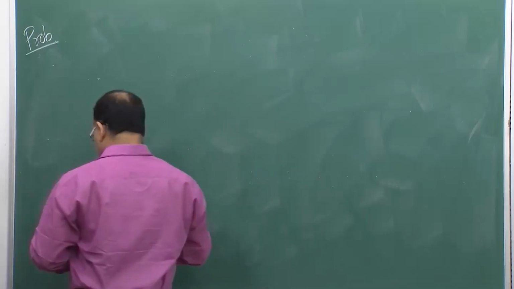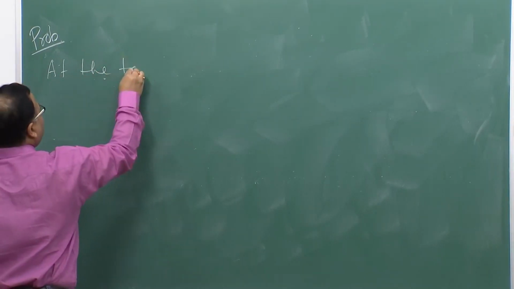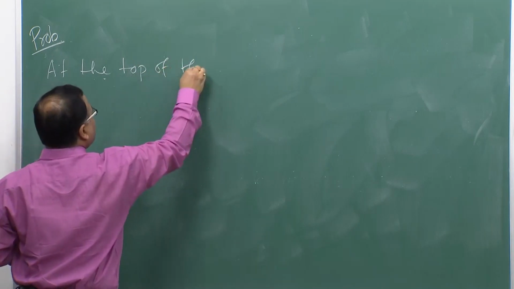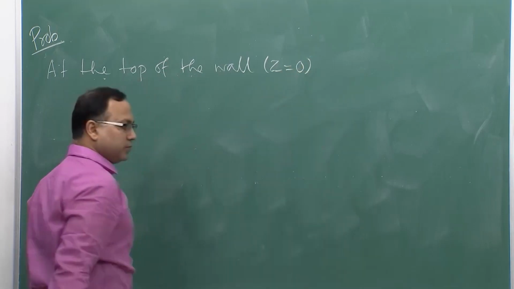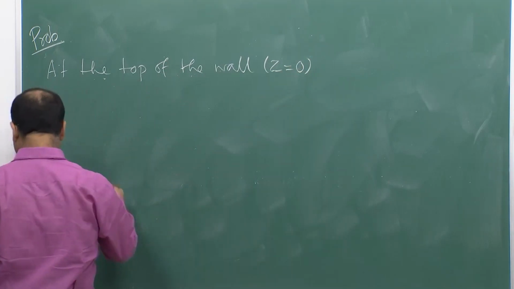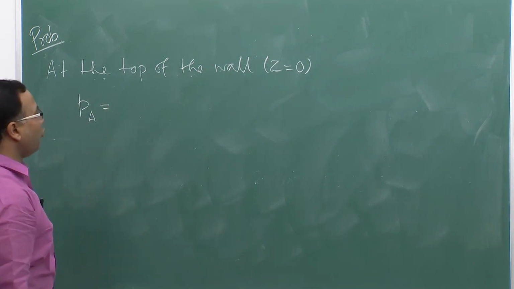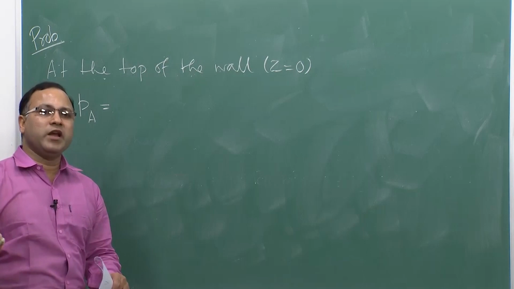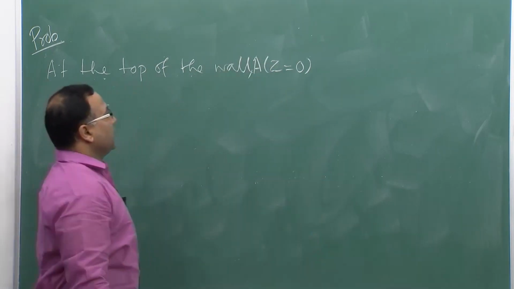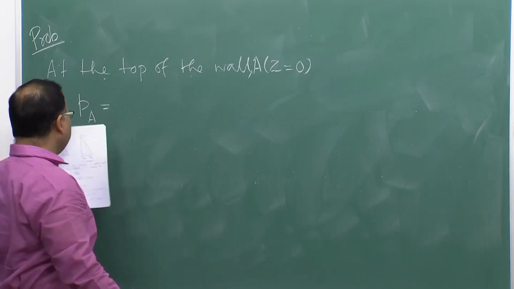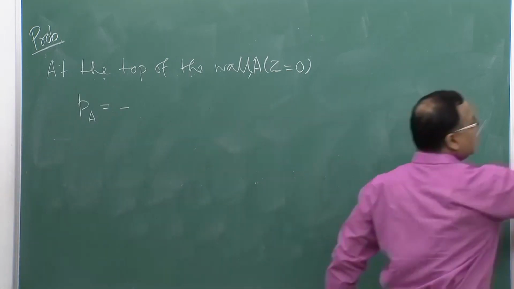So, at the top of the wall, that means Z equal to 0. What is your active earth pressure? Say at that point we are defining as point A, at the top of the wall. That means Z equal to 0, that PA, active earth pressure, is given by, because this part will be becoming 0 because Z is 0.